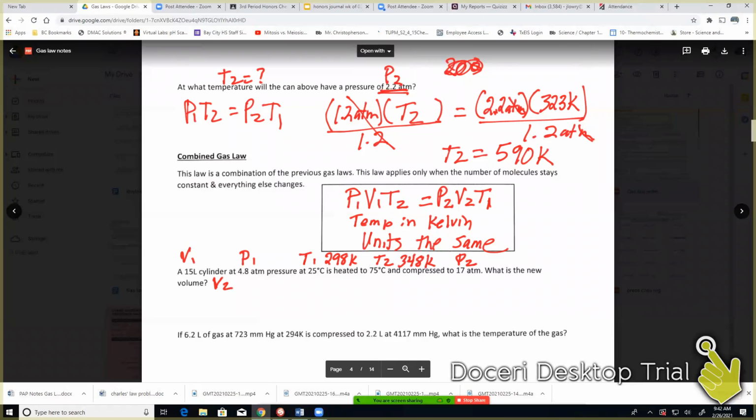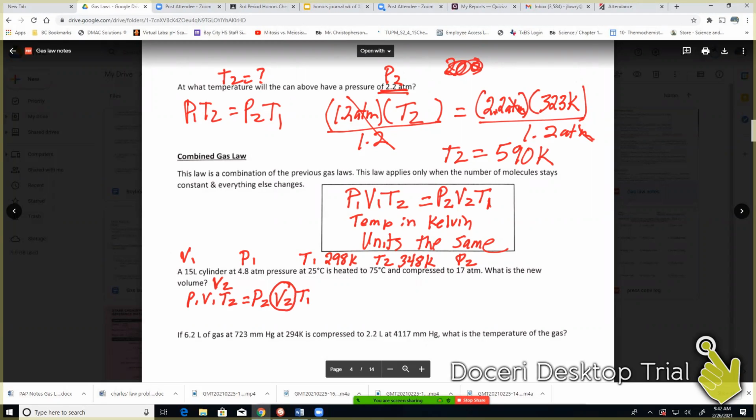If I look at my formula, P1, V1, T2, P2, V2, T1. What is my unknown? My unknown is V2. So that means when I rearrange, I need to take P2 and T1 to the other side, and they'll now be denominators.